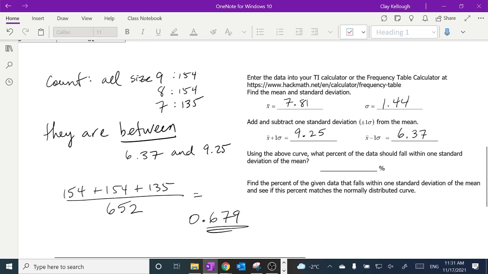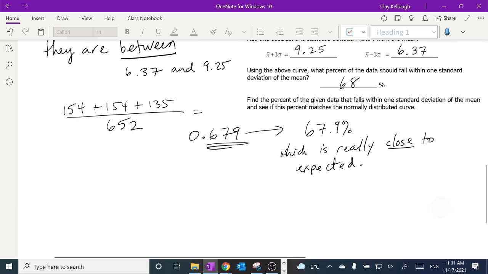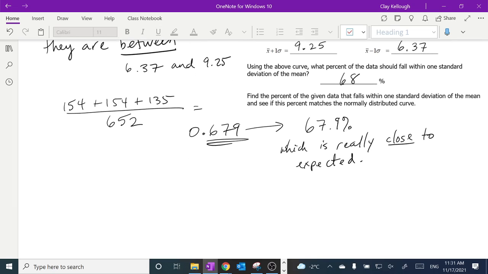Using the above curve, what percent of the data should fall within one standard deviation of the mean? It should be 68%. Find the percent of the data. It's actually 67.9%, which is really close to expected. So I think my eye test has failed me.